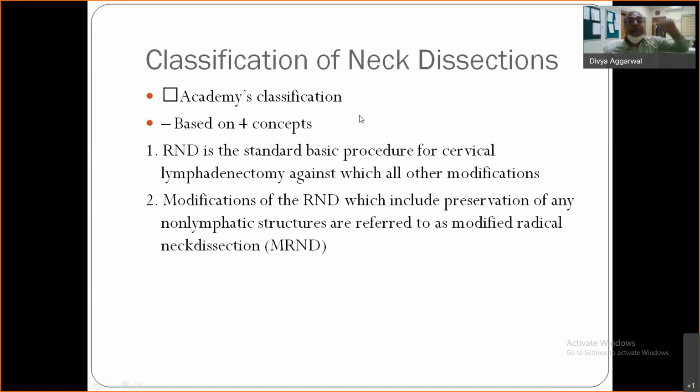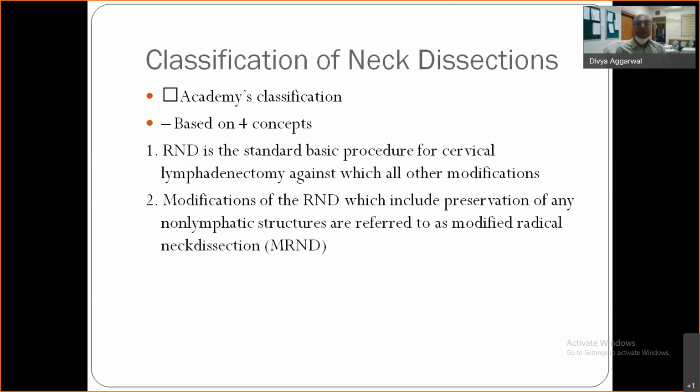Neck dissections are based on 4 concepts. A radical neck dissection is the standard basic procedure for cervical lymphadenectomy, against which all other modifications have come in.